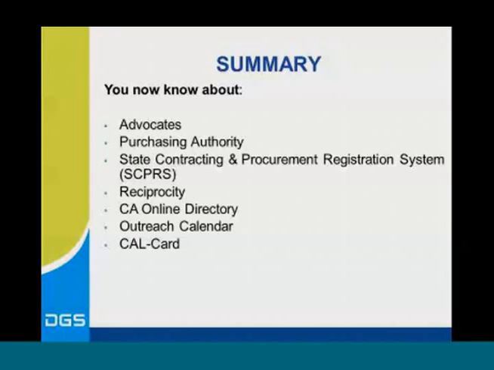You know about the Reciprocity program, how local governments and companies honor our small business and or disabled veteran business enterprise certifications so you don't have to get recertified with them. You know about our online directory, our phone book. You know where our outreach calendar is, and you know about the Cal Card Visa.